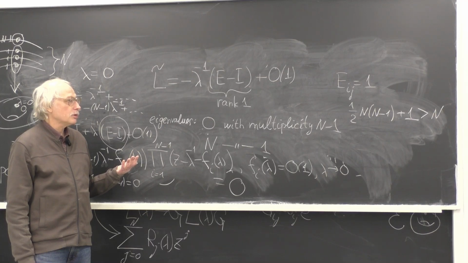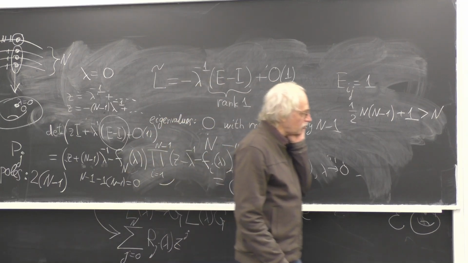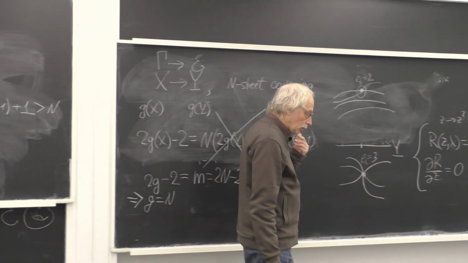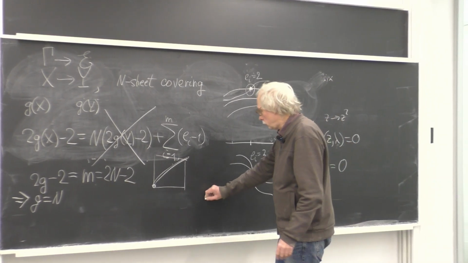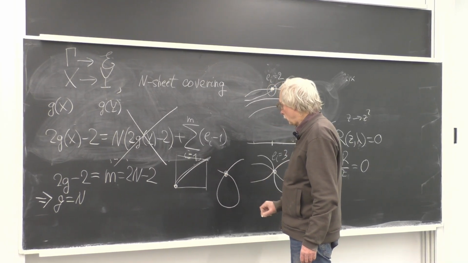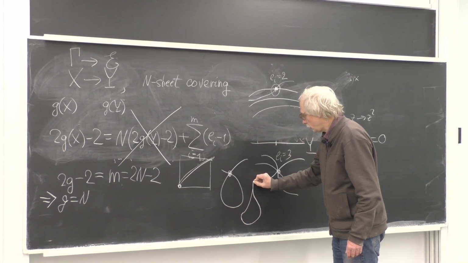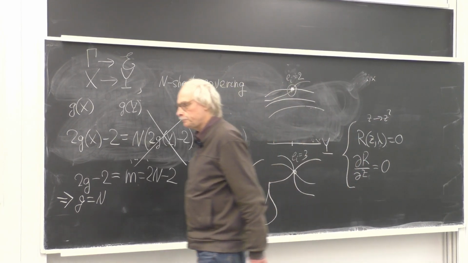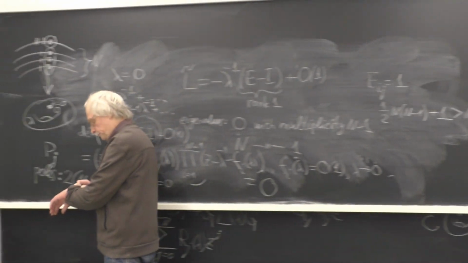But in trigonometric and rational cases, this curve degenerates and becomes a rational curve with some singularities like double points, this double point, or cusps. This is a cusp point.